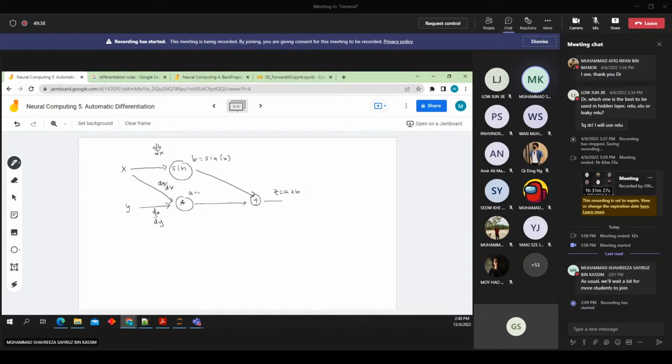This is a equals x times y, and then you have dz of dA over here, and you have dz of dB over here, right? And you have dz of dt, which is dA of dt plus dB of dt, right?